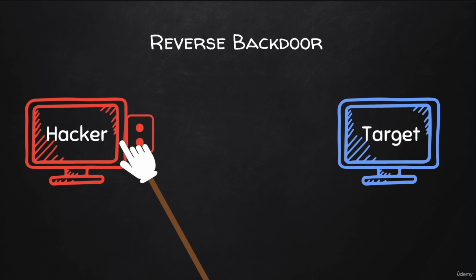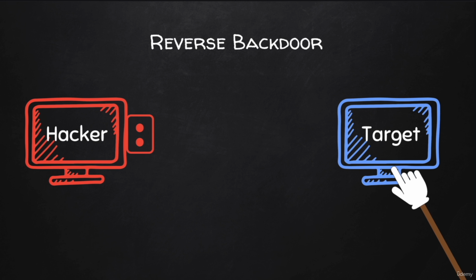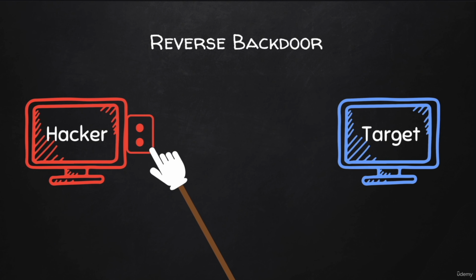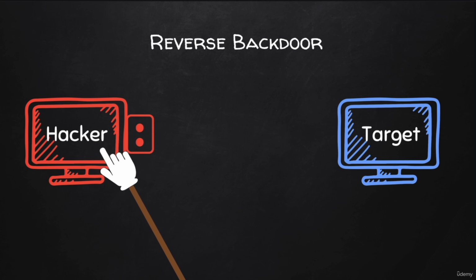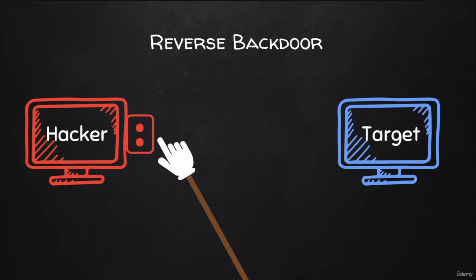So we need to create this socket, if you may, so that when the backdoor is executed on the target computer, it can actually connect to the port or to the socket that we have open. So in this lecture, I'm going to show you how to open up a port and listen for incoming connections on our current computer so that when the backdoor is executed on the target computer, it will send that connection back to our computer.